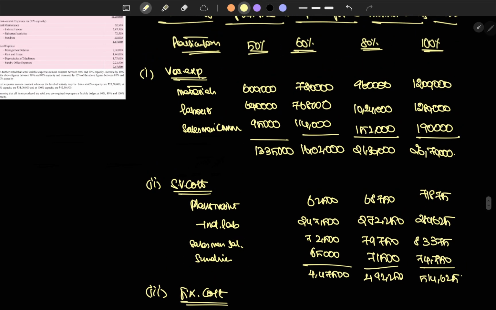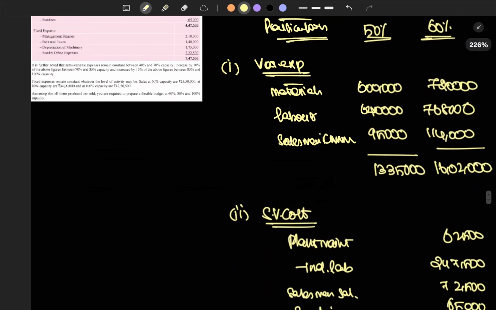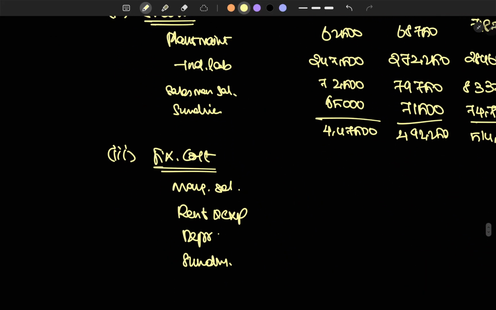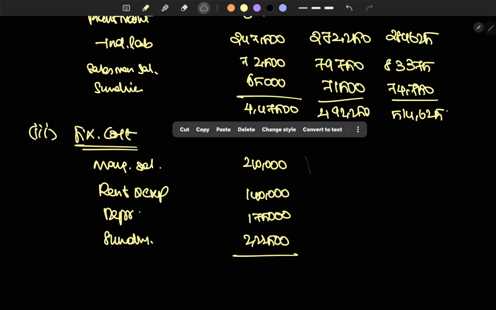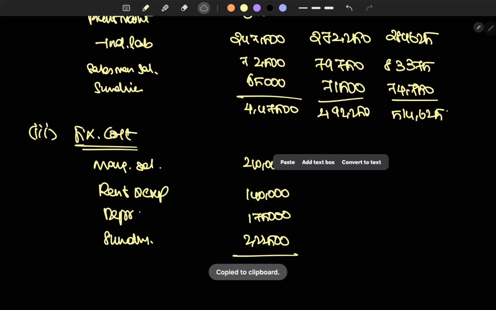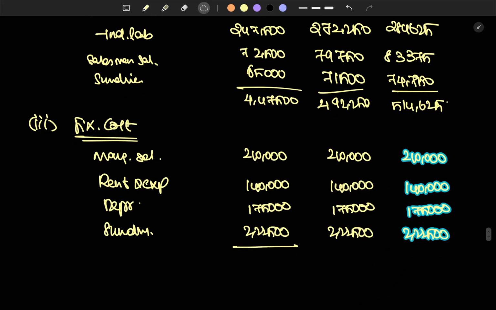The values are 2,10,000, 1,40,000, 1,75,000, 2,22,500. Same for everything. Copy, paste. Okay, that's it.